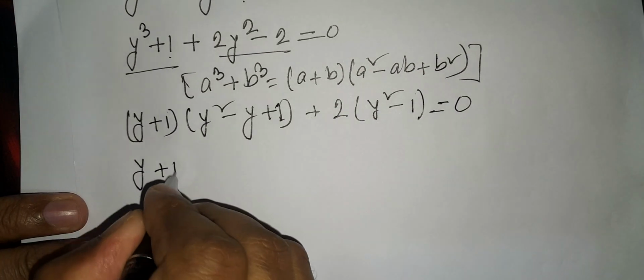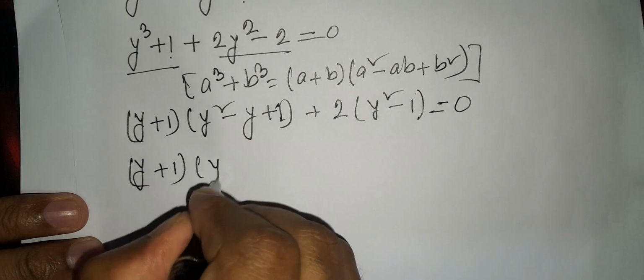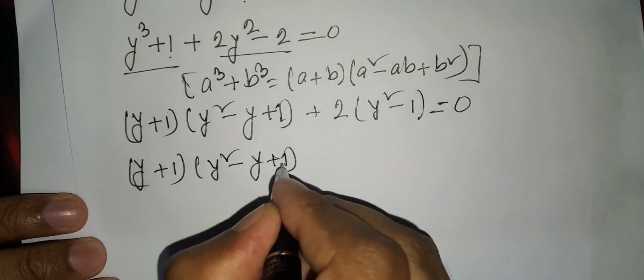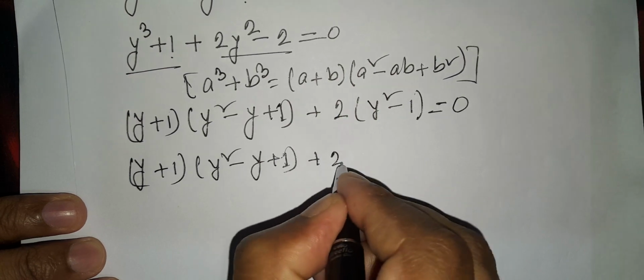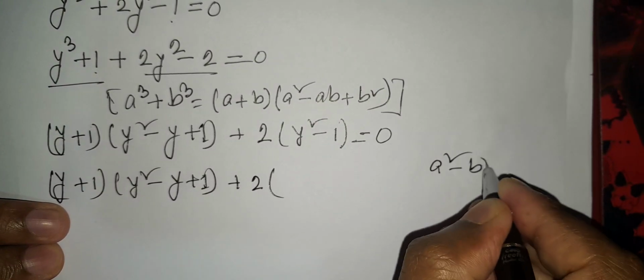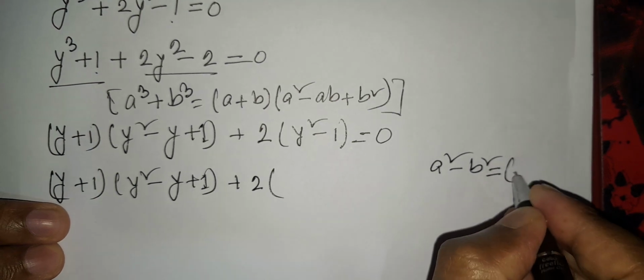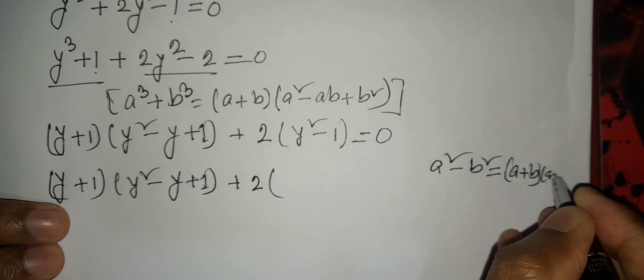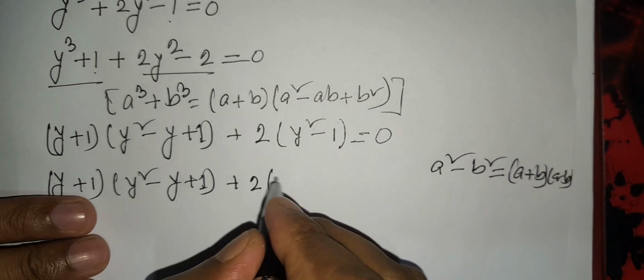We write y square minus y plus 1 plus, here we use a formula: b square minus a square into a square minus b square plus b into a minus b.